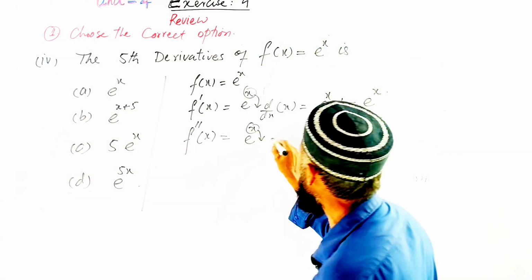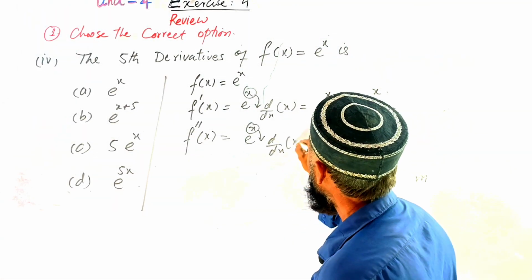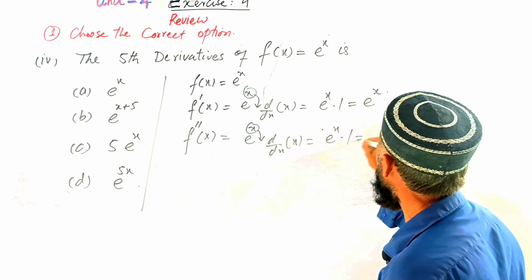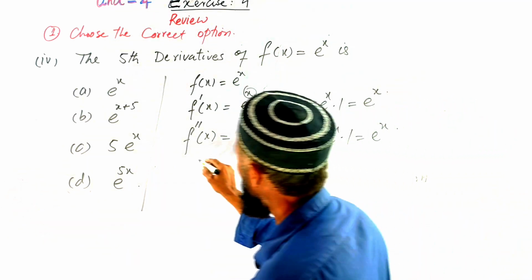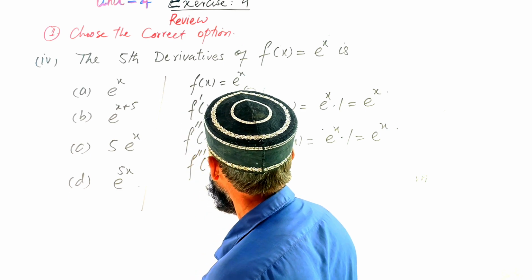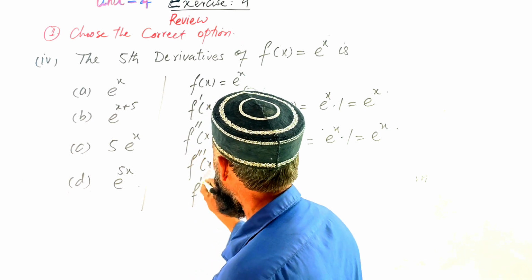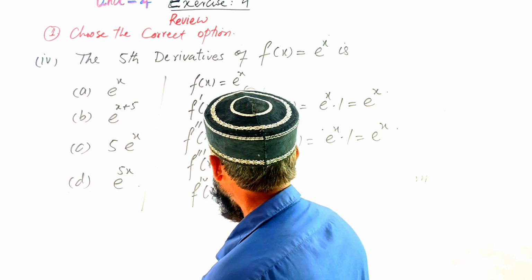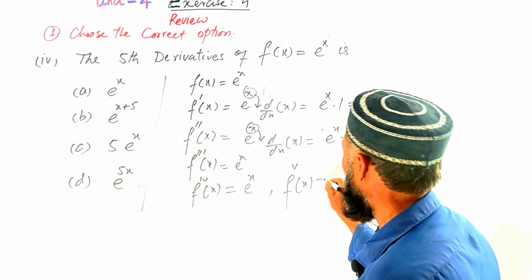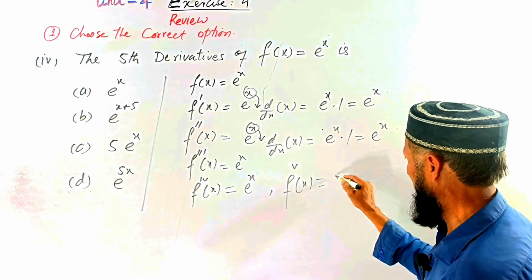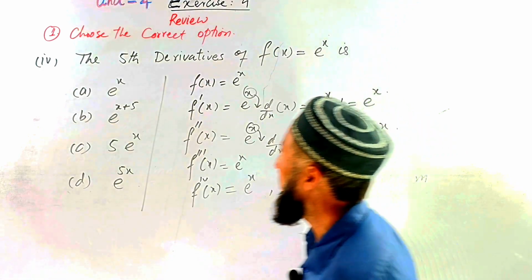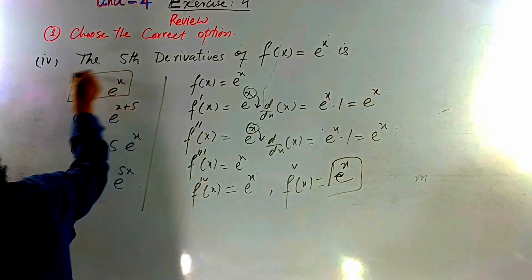If we find the derivative 4 times, 5 times, the fifth derivative is equal to e power x. So option A is the correct option.